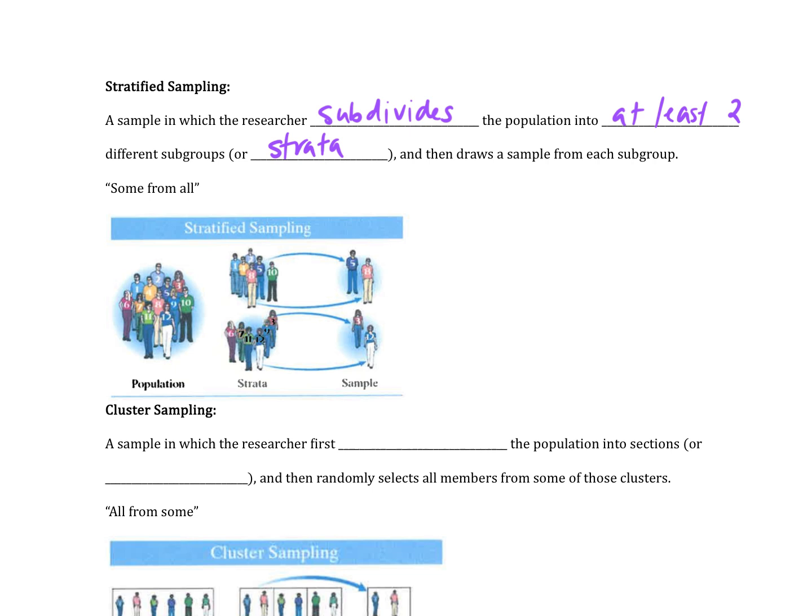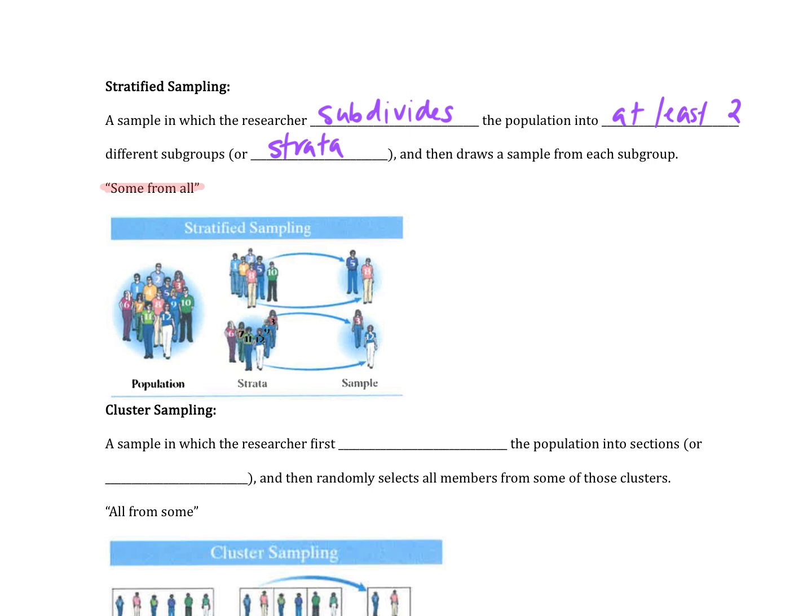So the phrasing that we use here is some from all. So I divide you into 4 equal groups based off of when your birthday is. And then I randomly select 3 people from each of those groups. That is stratified sampling. Okay?